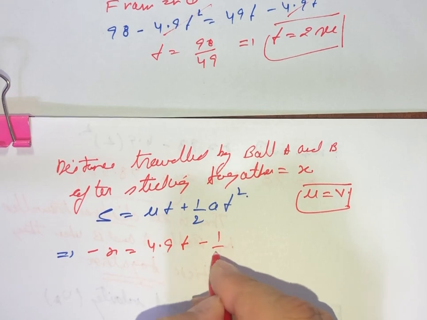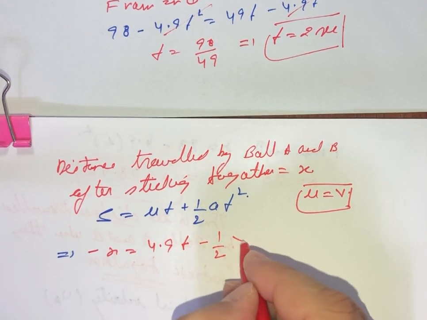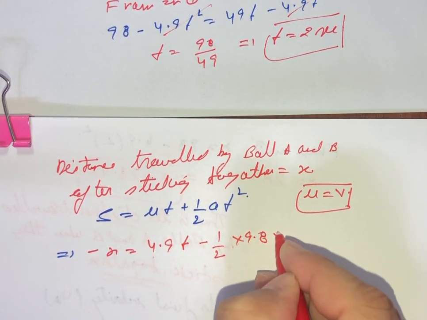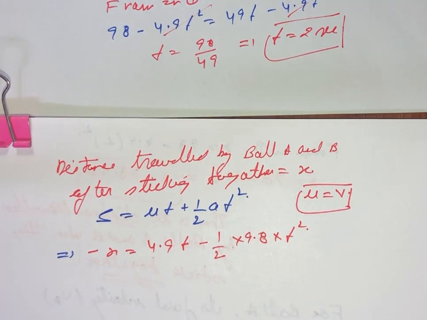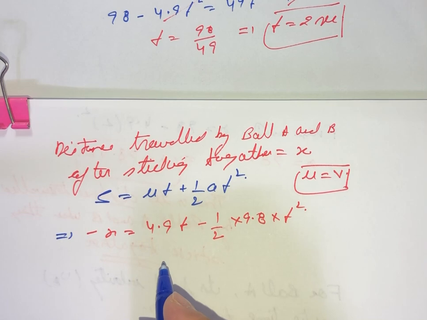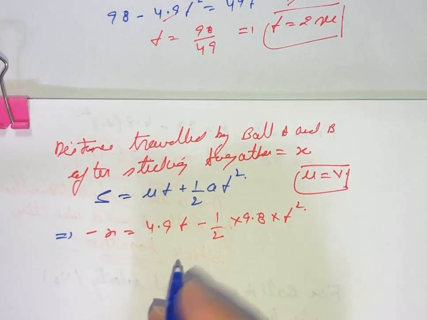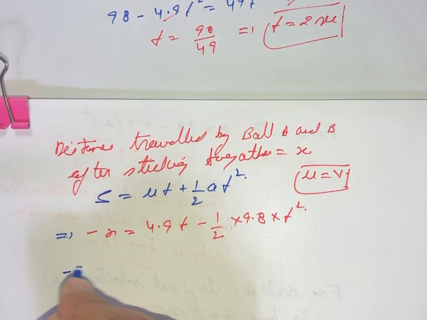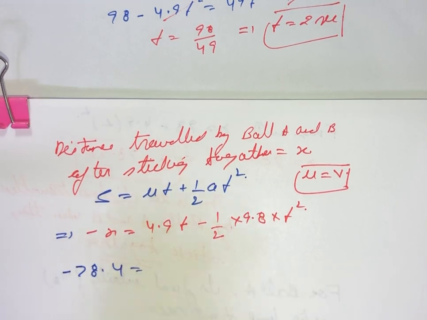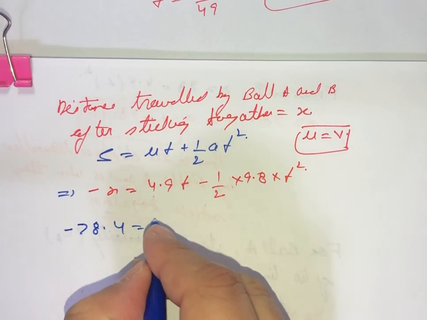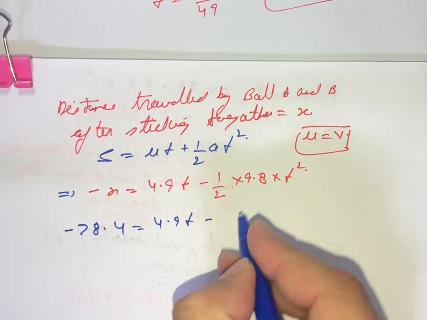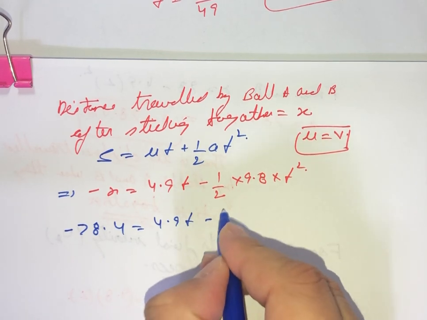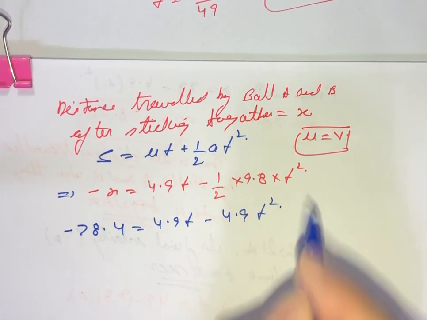This will be minus half into 9.8 multiplied by t square, and x we already know is 78.4, so we get minus 78.4 is equal to 4.9t minus 4.9 t square.